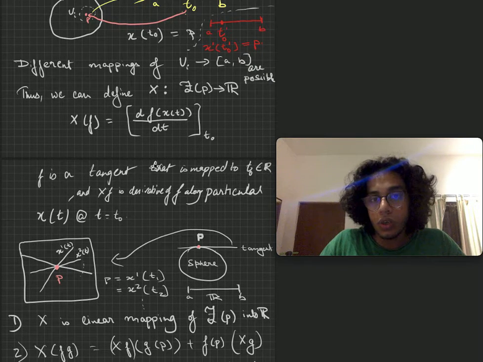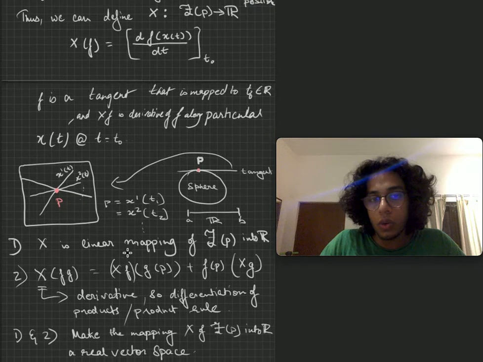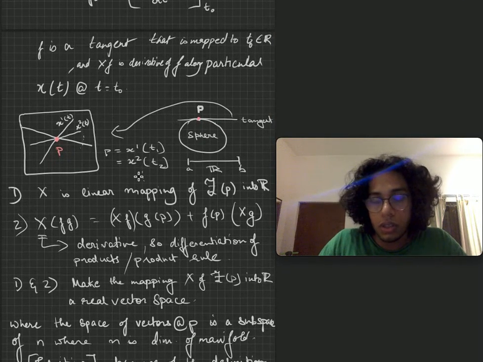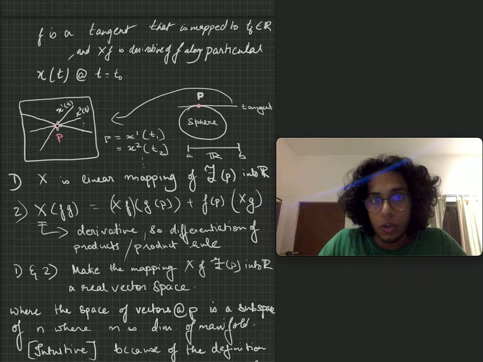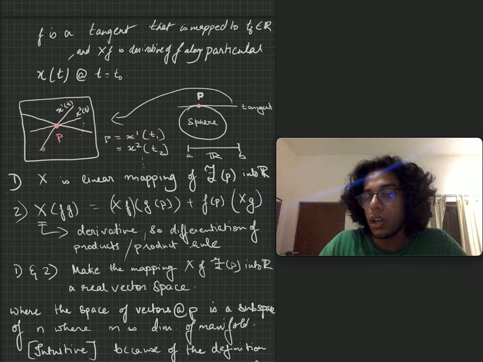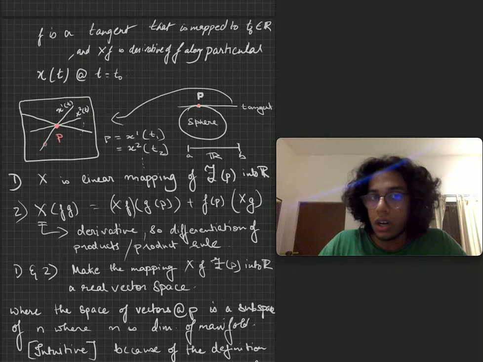So here, when you have x1 of t1, x2 of t2 and x3 of t3, etc., all mapping to P, these differentiable curves are such that if you take x1, which is one particular line, then you have a parameter t1 which uniquely defines this straight line.